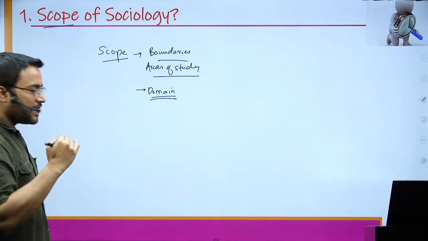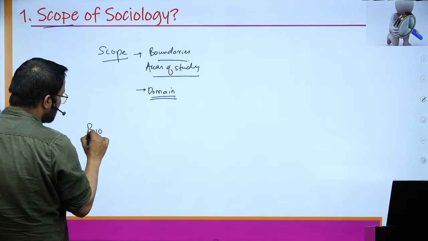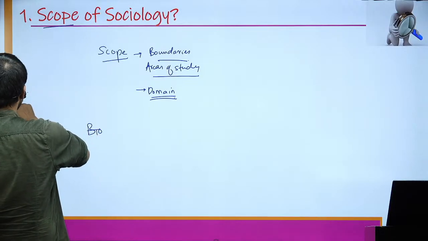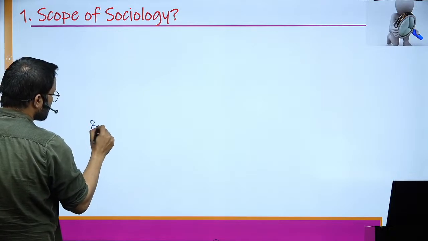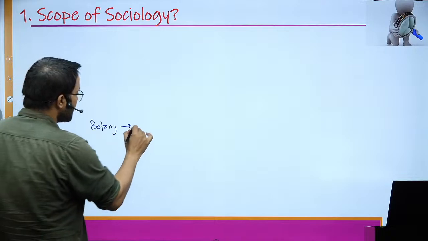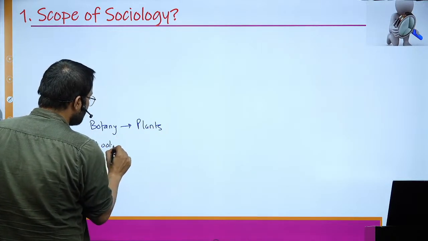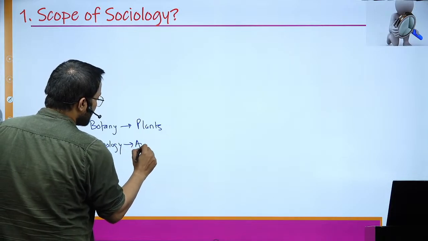Just like, if I have to tell you in a simpler manner, botany means that it is dealing with plants. Zoology means it is dealing with animals.